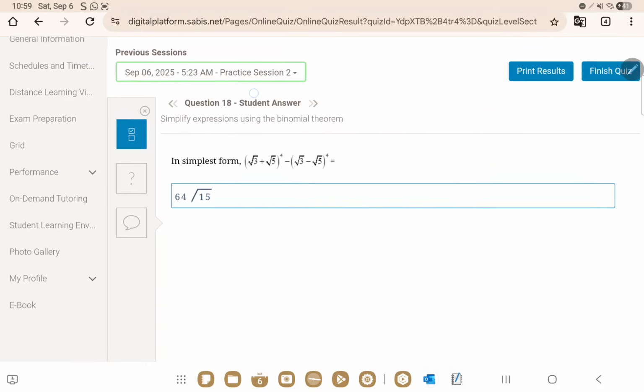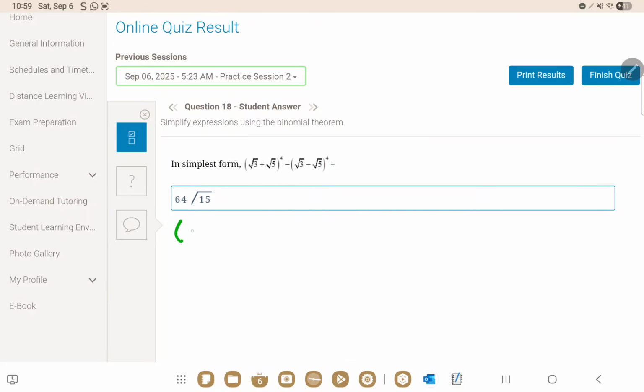So 4C0, I'm going to solve each one alone because it's confusing if I don't, is 4C0 of negative 3 power 4 into negative 5 power 0, which is just negative 3 power 4, because this is 1 and this is 1, so this is equal to 9. That's it.